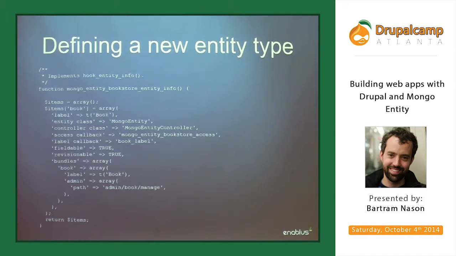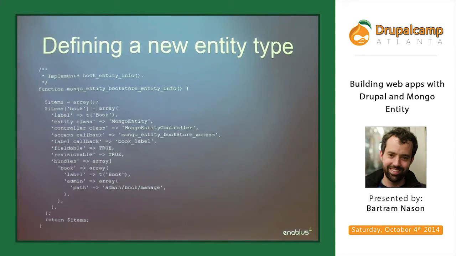So that's the secret to getting started here: just replacing the entity class and controller class with either of these two classes, or you can extend these classes as well, as we'll talk about in a minute. You don't need a base table. That's the great thing about this. If you've used hook_entity_info, you know you need to define a base table. It's not required when you're using Mongo Entity.